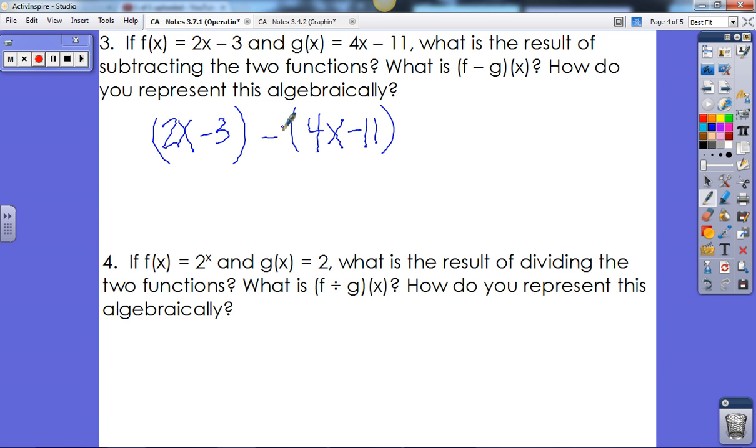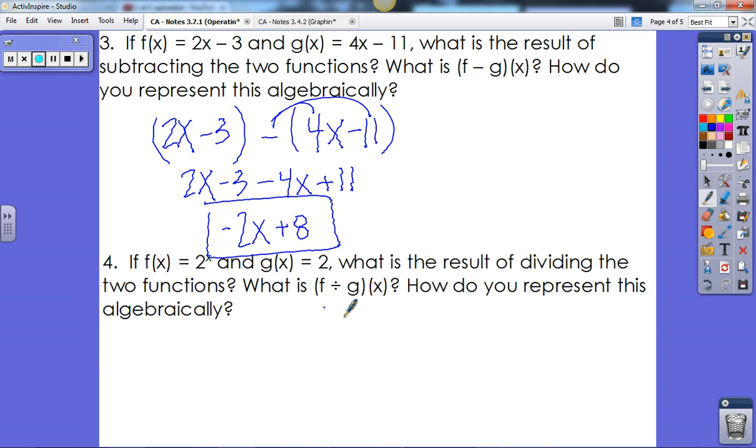So really I need to take this negative and distribute that. So I'm going to have 2x minus 3 minus 4x, and then negative and negative gives me plus 11. So 2x minus 4x is going to be negative 2x, and negative 3 and positive 11 is positive 8.